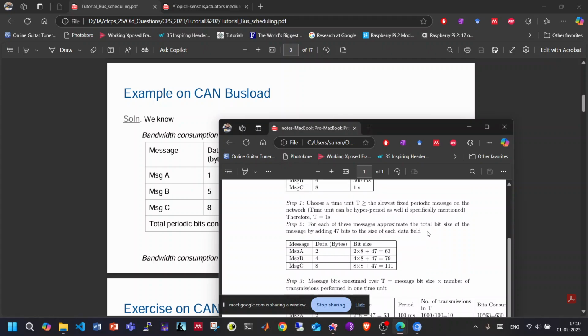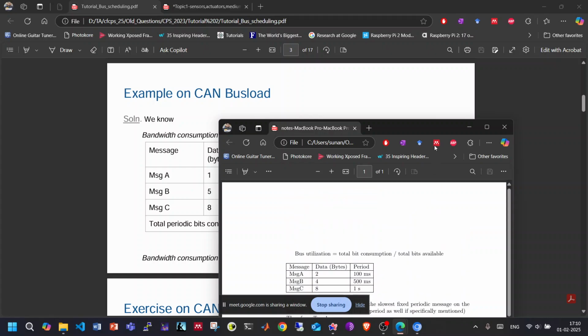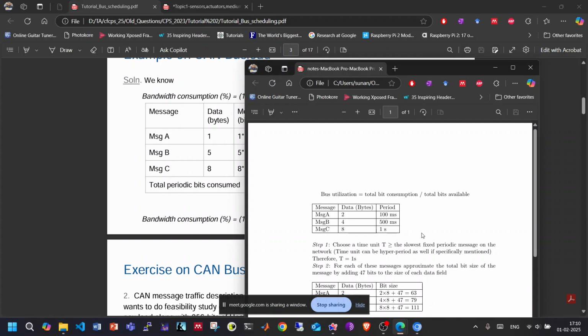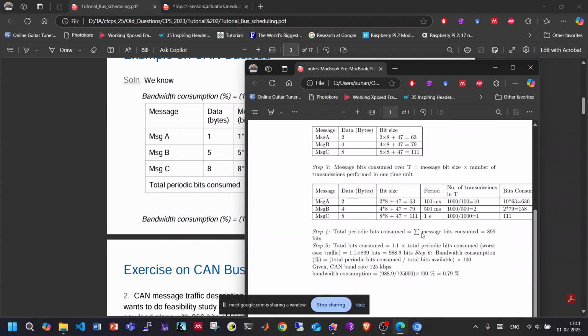So basically, I have to get the ratio between these two, but I have to multiply it with 1.1. Why am I doing that? Why am I multiplying with 1.1?